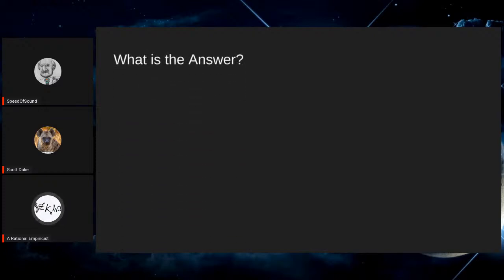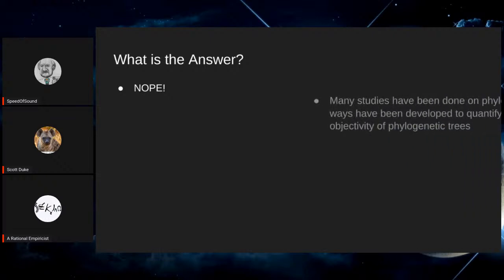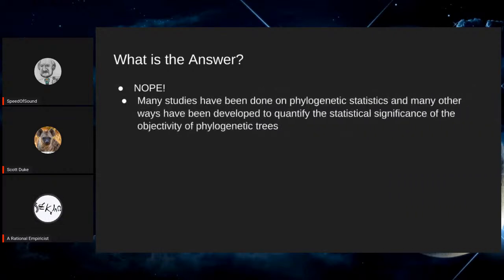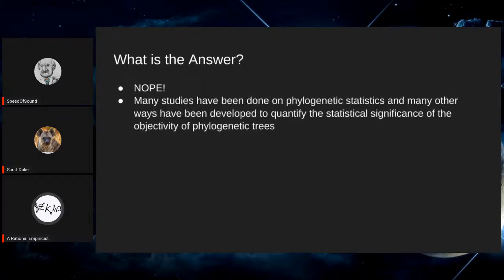So what's the answer? What have we found from all these studies and a bunch of different analyses, basically? No common design. All of these studies, we've done phylogenetic statistics on this.